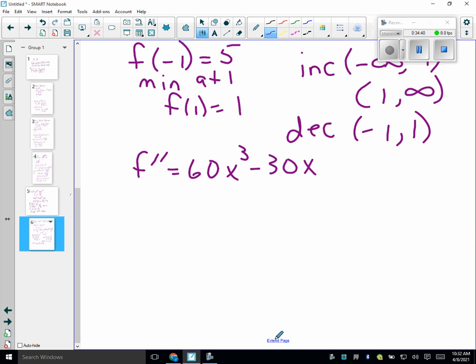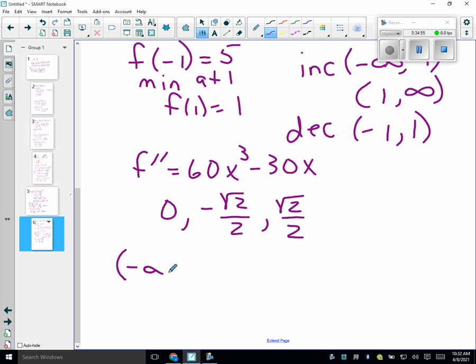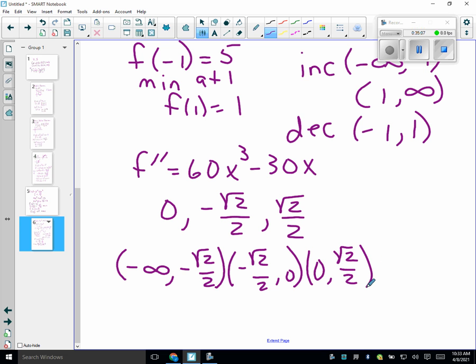I'm telling you this to save time. I set up my intervals from negative infinity to negative radical 2 over 2, to 0, to radical 2 over 2, to infinity.